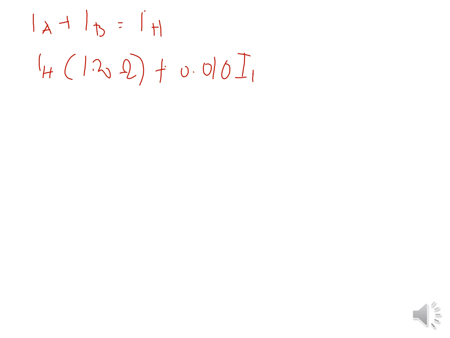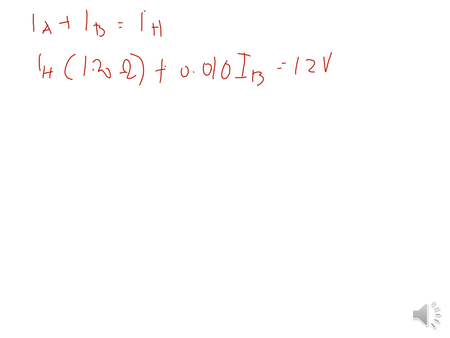Actually, that will be for the first equation. Again, we have this equation, IA plus IB equal to IH. Okay, this is the first equation. And then for the second equation, we have IH multiplied by 1.20 ohms, plus 0.01 IB equal to 12 volts. So this is equation 2. And then for the last equation, we have this.